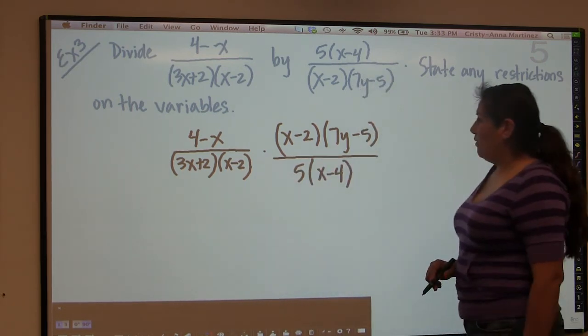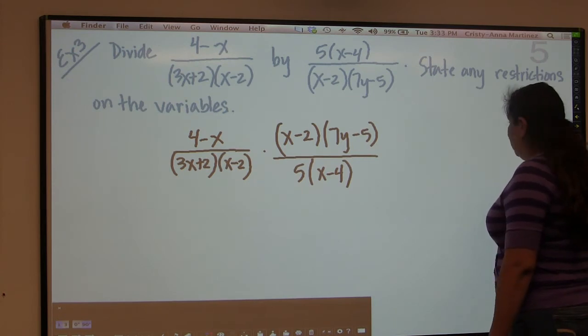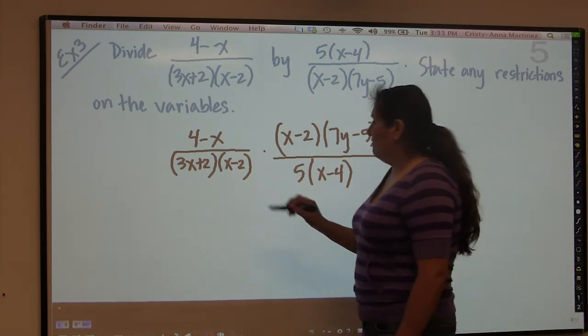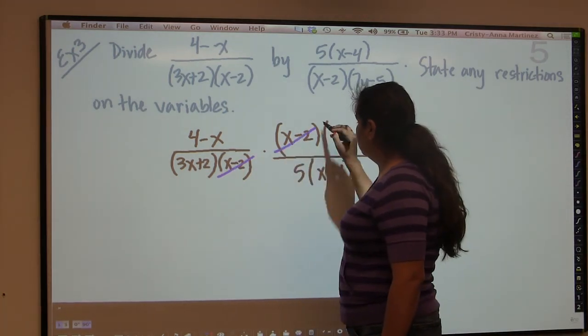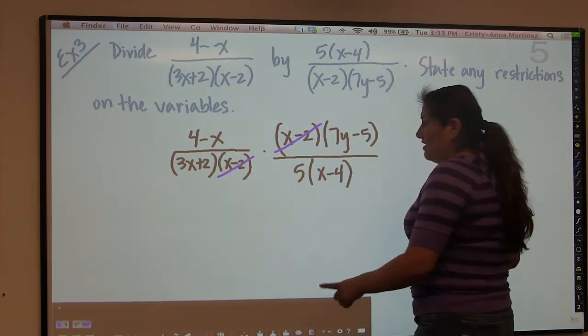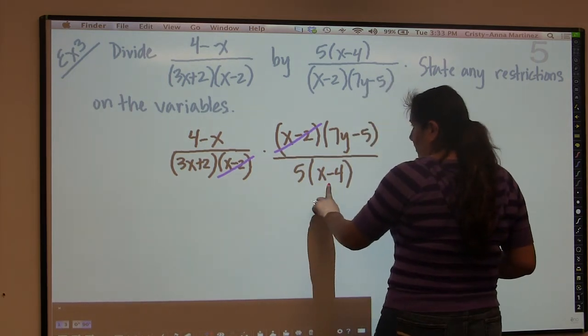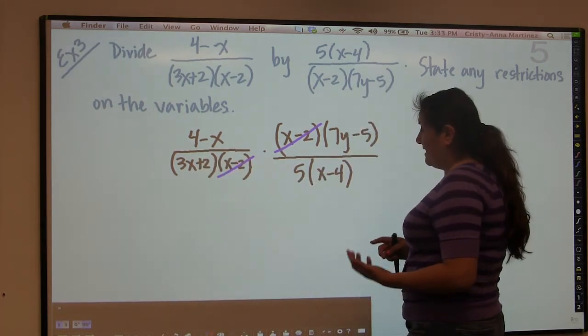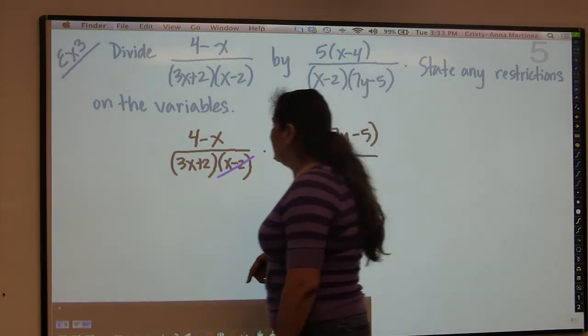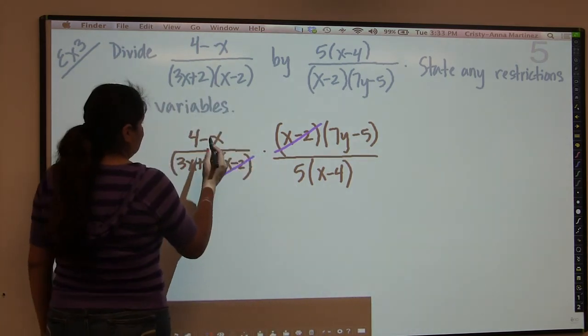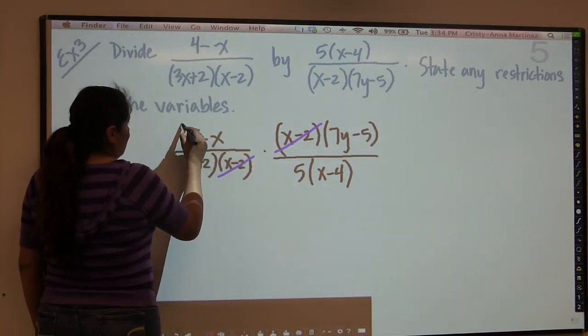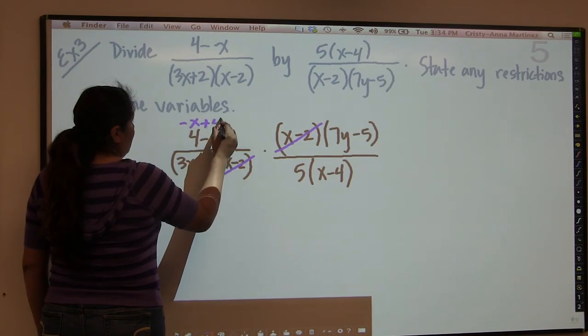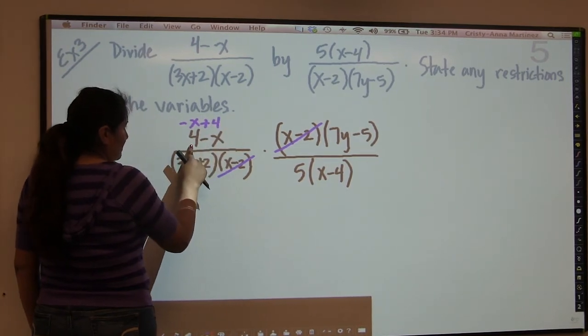Okay? And now we want to see if we can cancel out any common factors. And of course, the x minus 2 cancels. And then you might be thinking to yourself, this x minus 4 looks a lot like this 4 minus x, but it's not exactly correct yet. You can actually rewrite this in the right order. It would be negative x plus 4, because the x is negative and the 4 is positive.